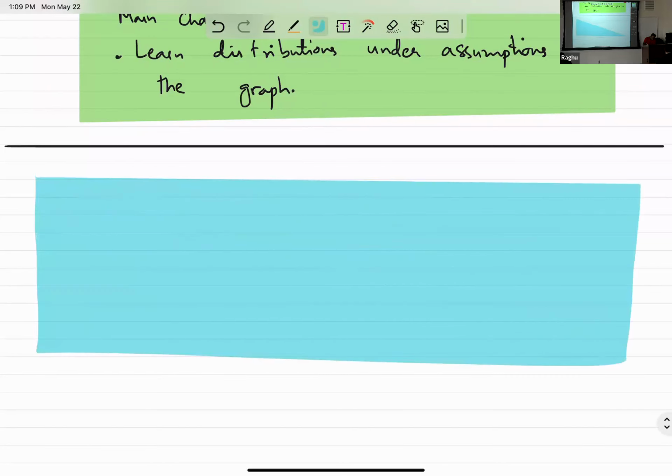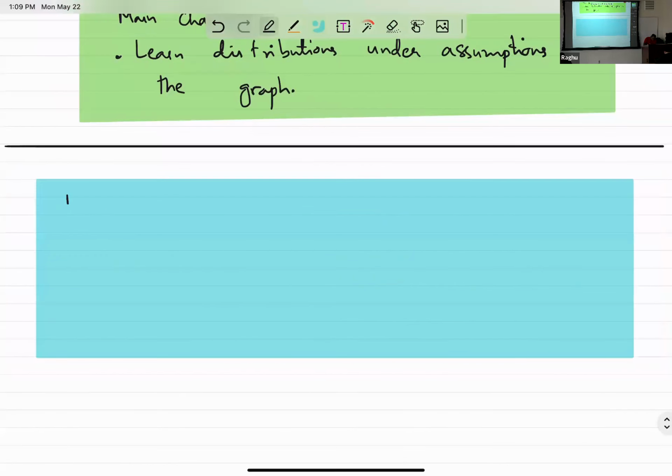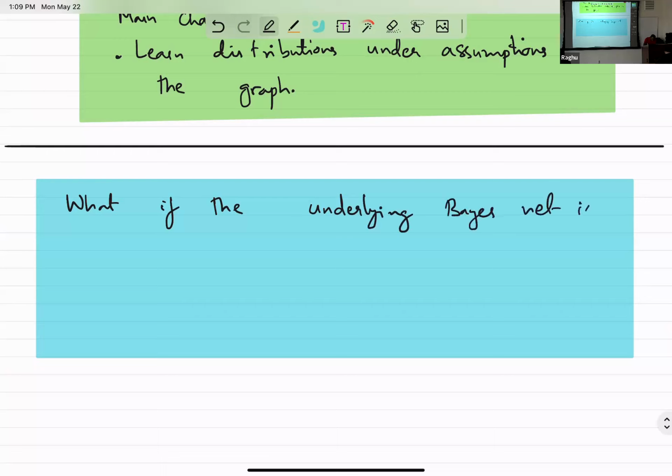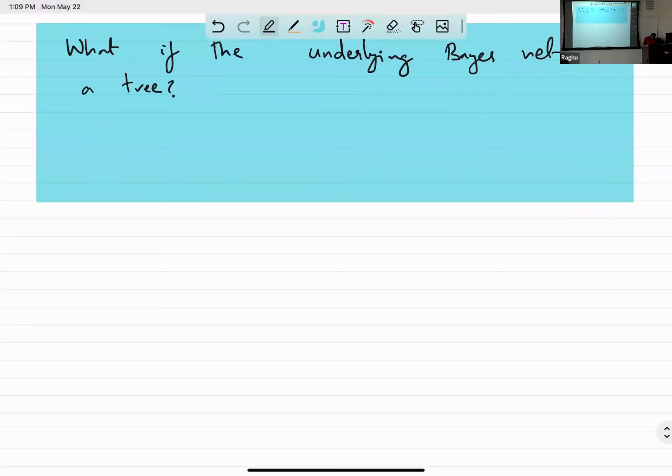Okay. So what if the underlying base net is a tree? Meaning my graph looks maybe like this.